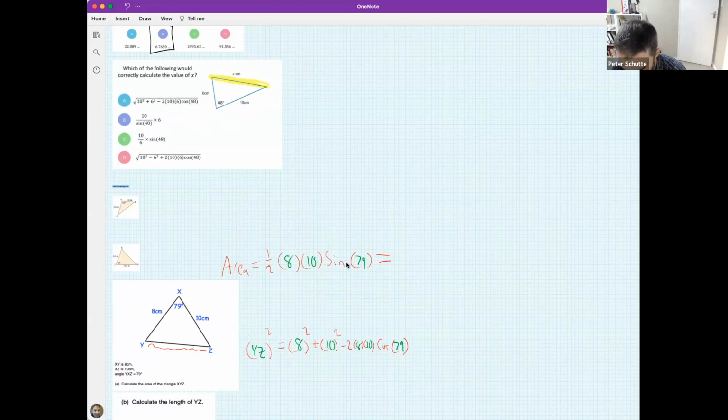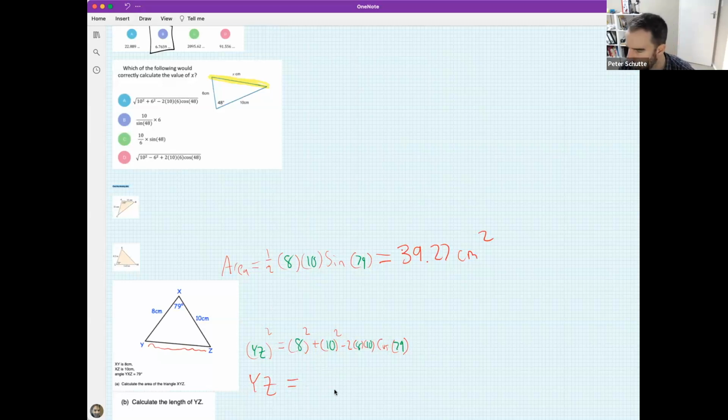So for the area, we should have got 39.27 centimeters squared. And for the length of YZ, what are we going to get for that?